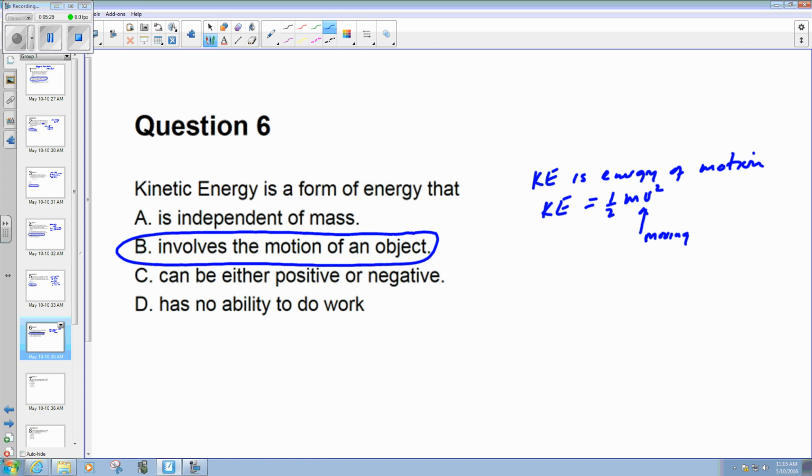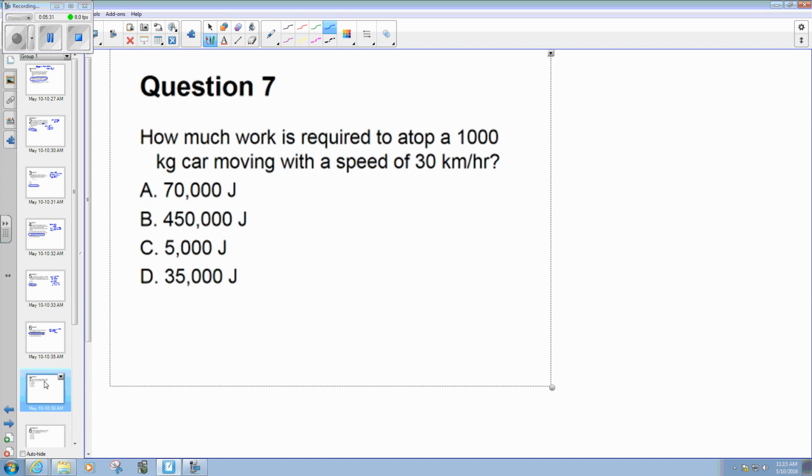Question number 7. Let's write what we are given. We are given the mass, which is 1,000 kilograms. We are also given the speed, but the speed is written as 30 kilometers per hour. We can't use that. We always need to use the standard SI units: meters, seconds, kilograms, and so on.